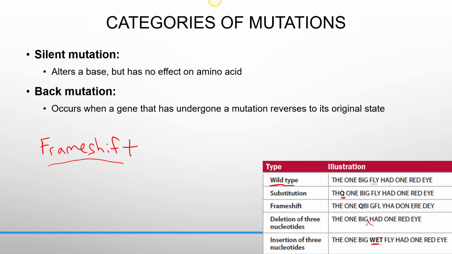So some mutations can be worse than others. Frameshift mutations affect every single amino acid after that mutation. So adding in something or deleting something that's not in a multiple of 3 can lead to a frameshift mutation.